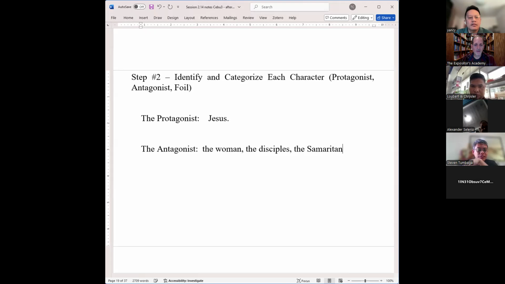These are other characters in the story that could be in the role of antagonist, but we have to stop for a minute and ask, how do we determine the antagonist? Well, we remember the antagonist is the one who creates or makes worse the problem in the story. So we have to ask, what's the problem in this story?